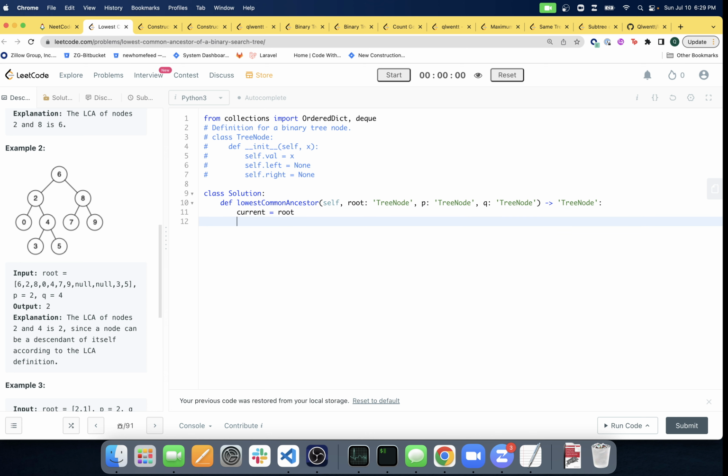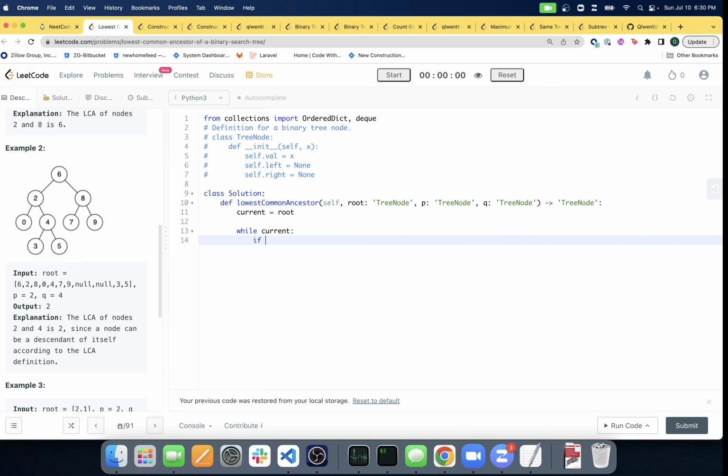And while our current node is at a node, we're going to check. First we're going to check if both of our nodes are to the left.